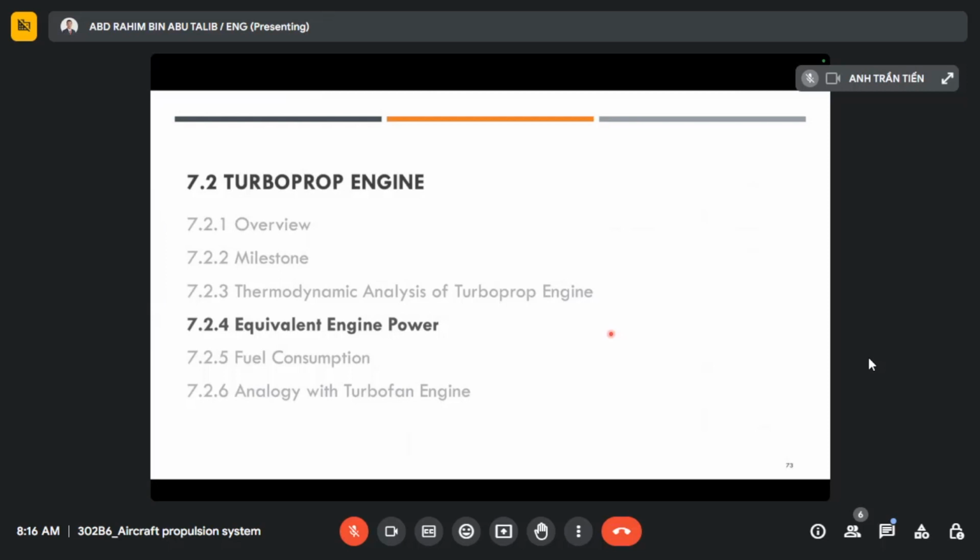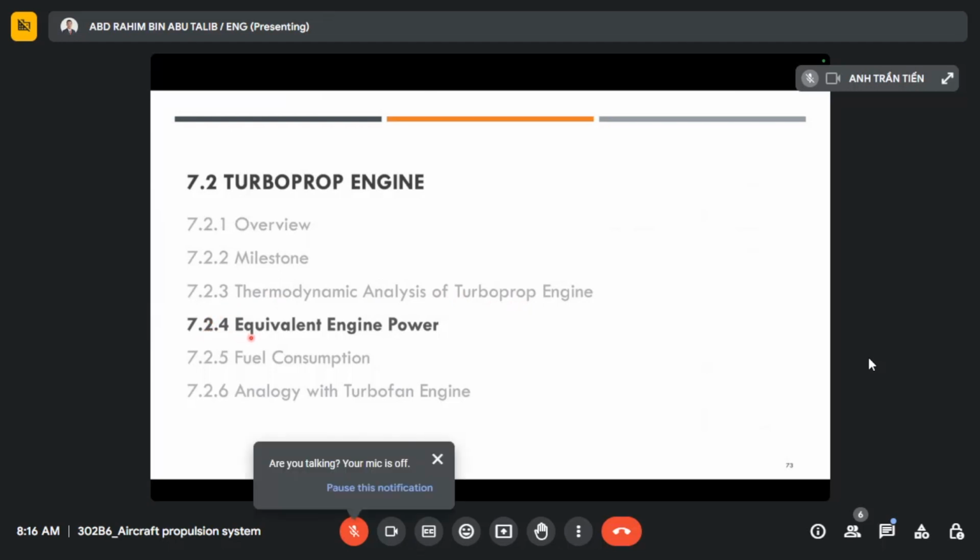And before the break, we looked into the thermodynamic analysis of a turboprop engine. Now we shall continue with the remaining subtopics.